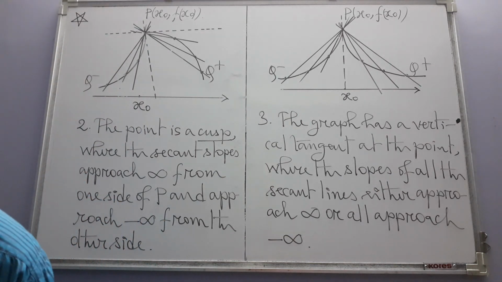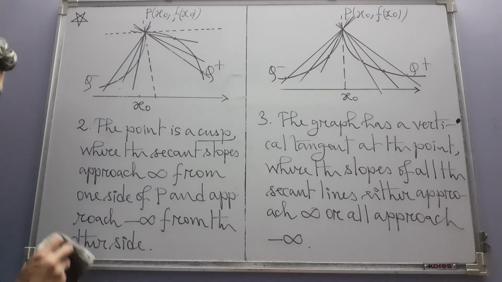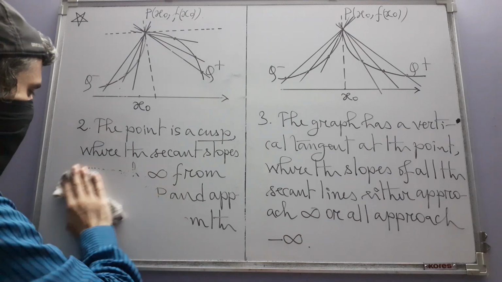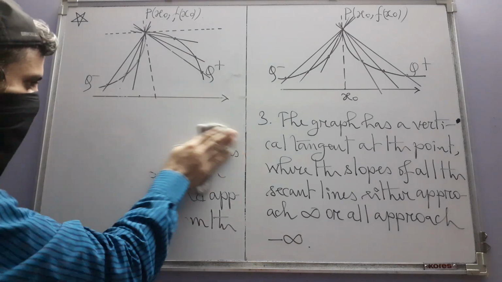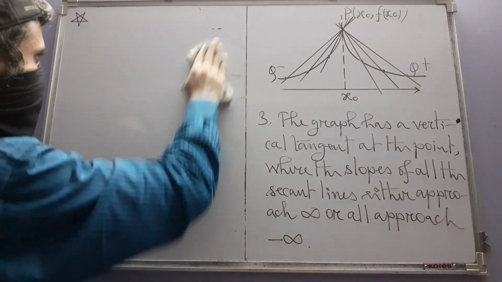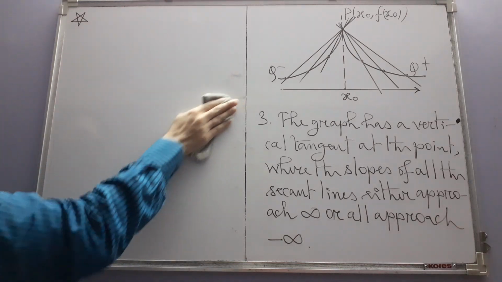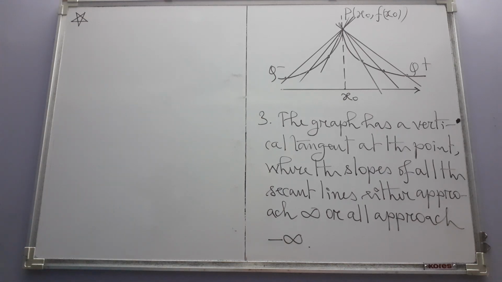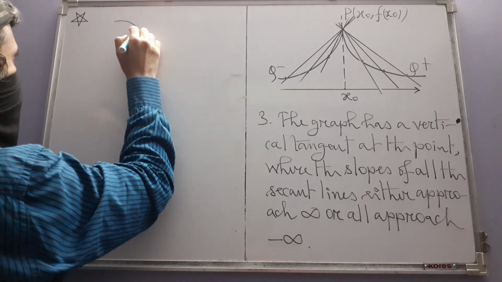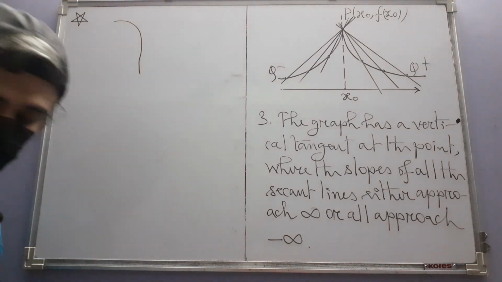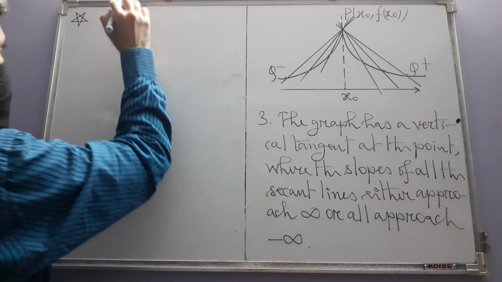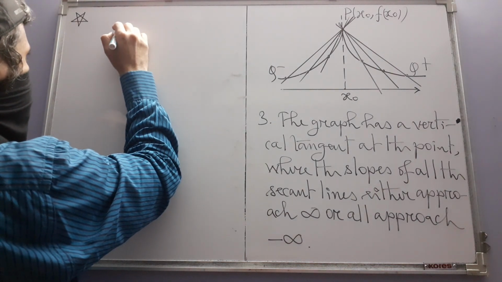And this vertical tangent case can be illustrated geometrically like this, where only one of these cases has been discussed. You can imagine the other case. Say the graph of our function looks like this. I messed up. This is the problem. I have to do it somewhat quickly.